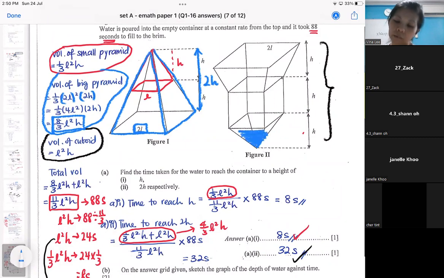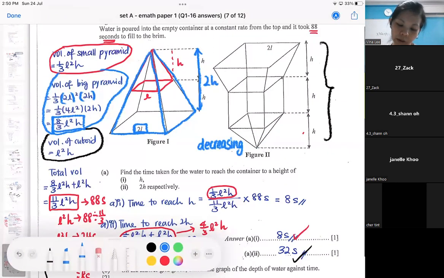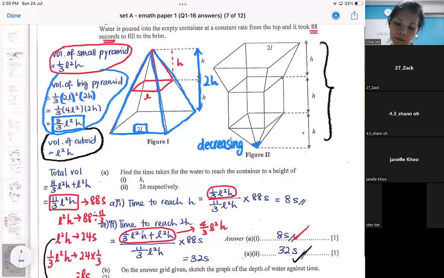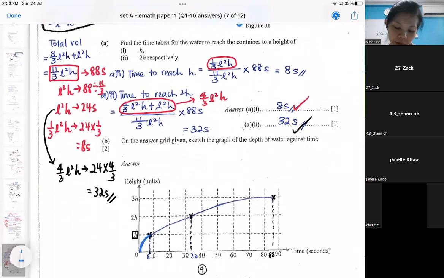So if you take a look, this one will be decreasing. It will get slower and slower because initially it was very easy to fill up. Initially, it's just a tiny dot to fill up, then it gets bigger and bigger. So that's why I'm using the decreasing curvature.